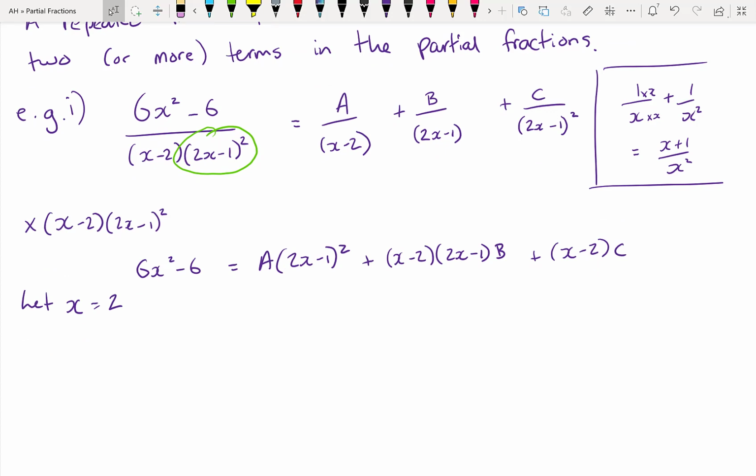So if I stick x equals 2 in, I'm going to end up getting 2 squared is 4, 6 fours are 24, minus 6 is 18, equals 2 times 2 is 4, minus 1 is 3, squared is 9, so 9a, plus, and then I get 0 and 0, because if I put 2 in there, I get 2 minus 2 is 0, so that whole thing goes away, and that thing goes away. And so 18 is equal to 9a, 18 over 9 is equal to a, which is equal to 2.